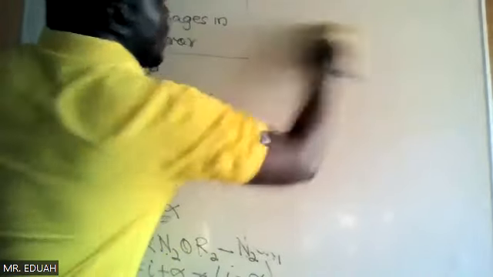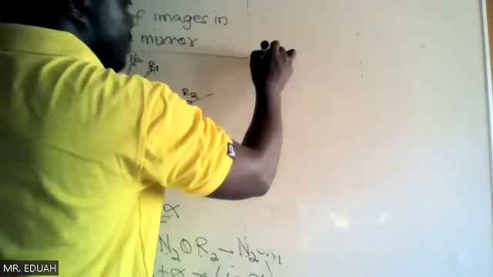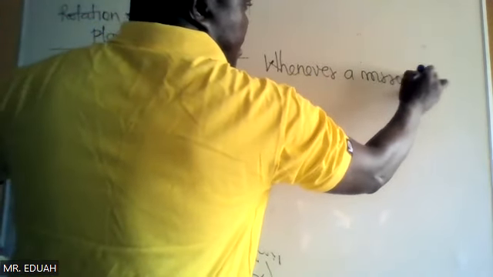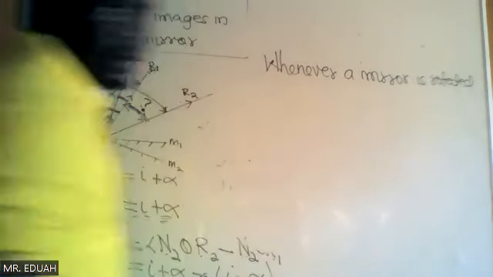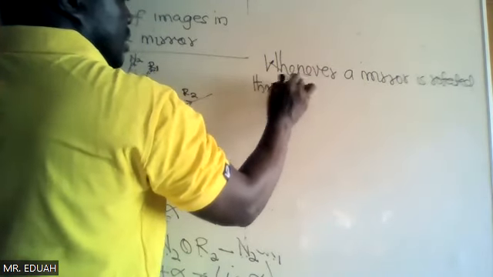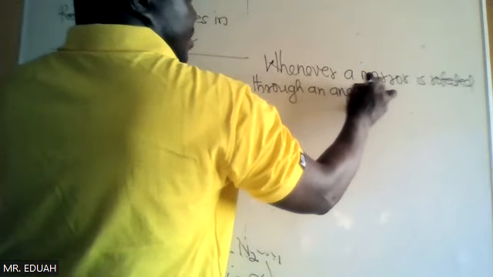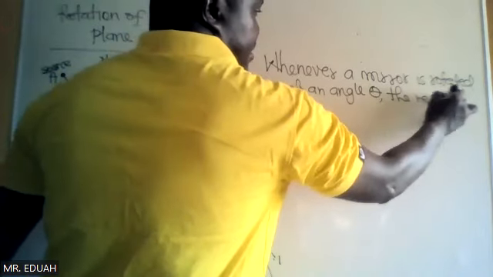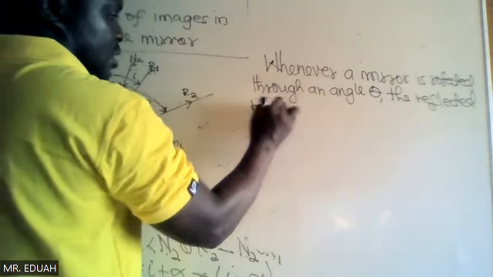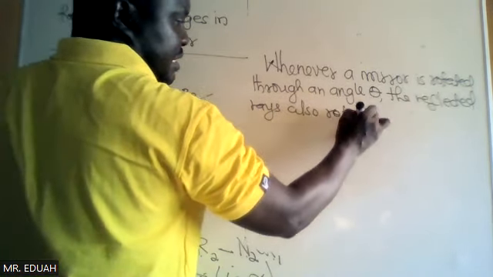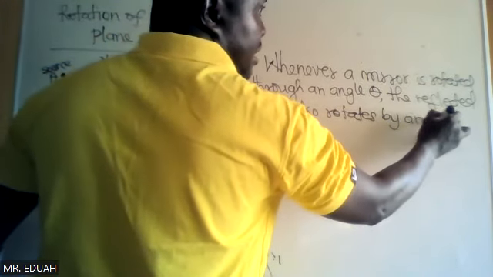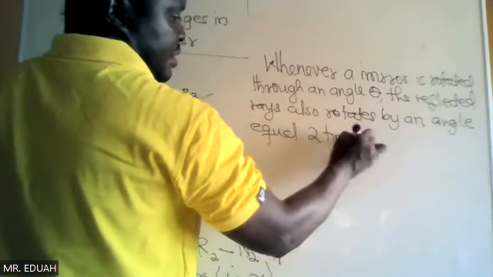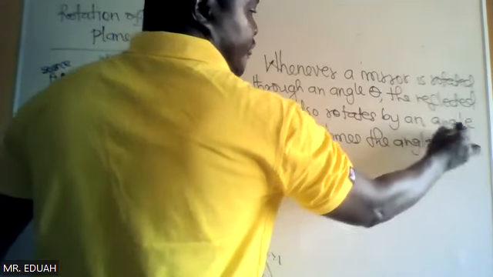But the concept is that whenever a mirror is rotated through an angle theta, the reflected rays also rotate by an angle equal to 2 times the angle of rotation.